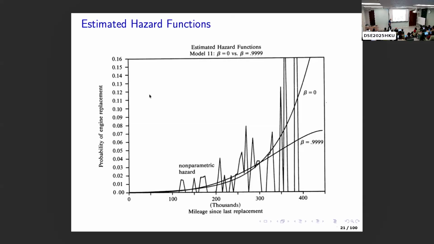The predicted probability of replacement. Now, once you have got that, along with the mileage transition process, you can actually predict how the mileage is progressing over time. And you can calculate the equilibrium distribution.